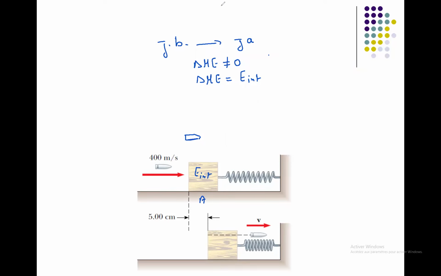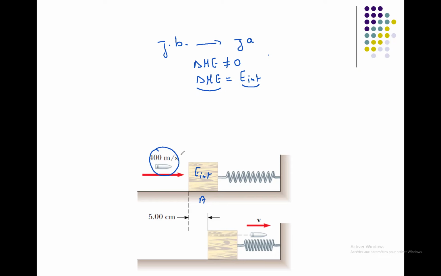Okay, I want to calculate this difference of mechanical energy. I mean, I want to calculate the internal energy. We can say also, in general, you have the initial kinetic energy. I had only this quantity of kinetic energy.